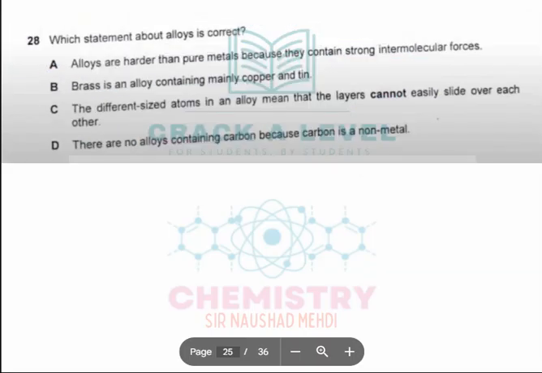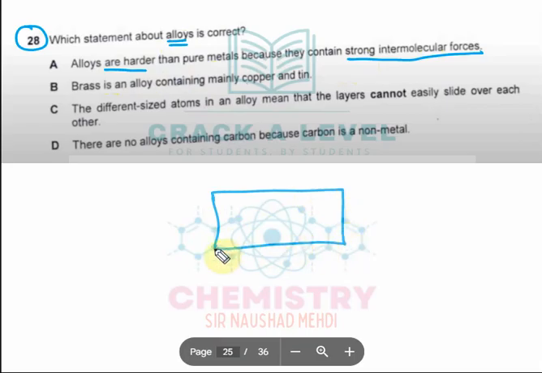MCQ number 28. Which statement about alloys is correct? An alloy is a mixture of one metal with another metal or a non-metal. Option A says alloys are harder than pure metals because they contain strong intermolecular forces. That is not correct.